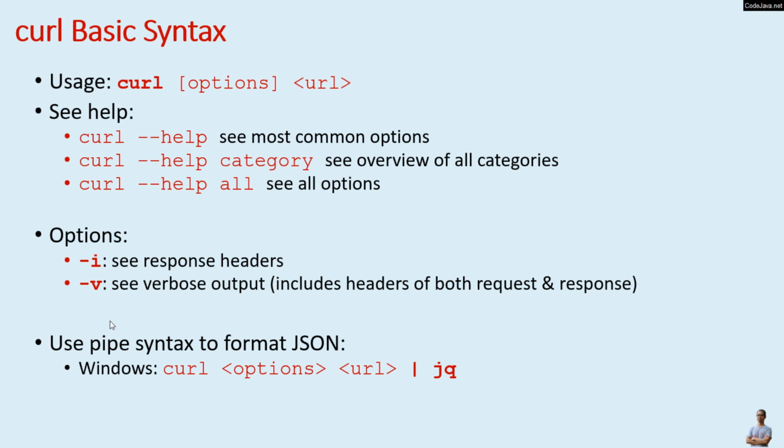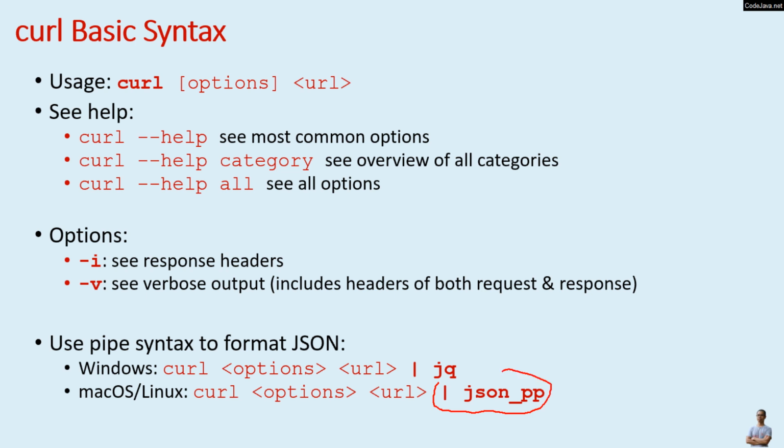On Windows, use the vertical line and jq after the curl command. And on macOS or Linux, you can use a pipe syntax like this, vertical line followed by json_pp to format the JSON of the output.